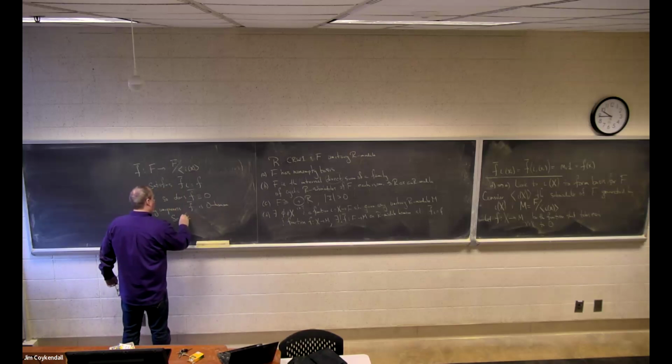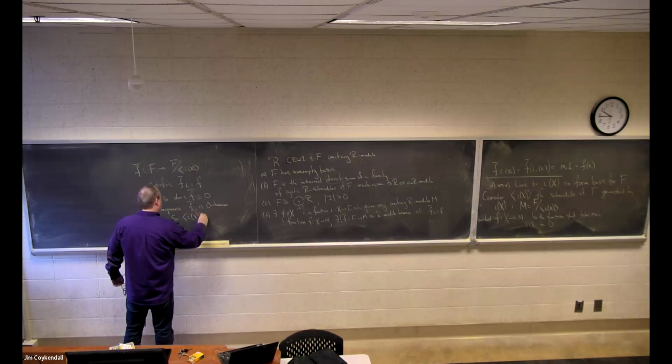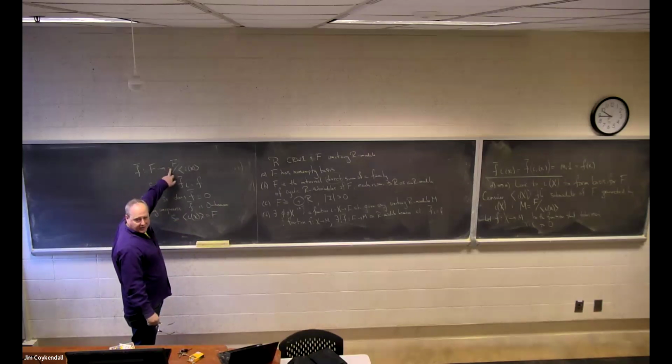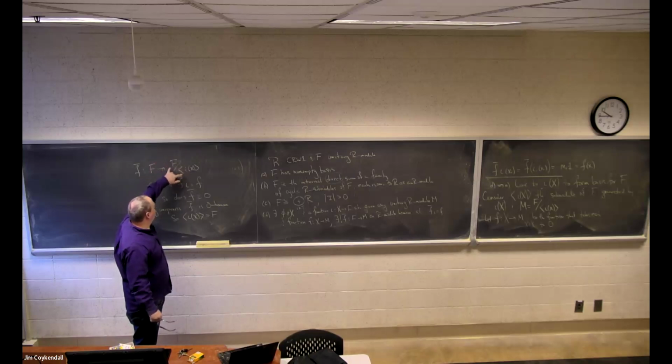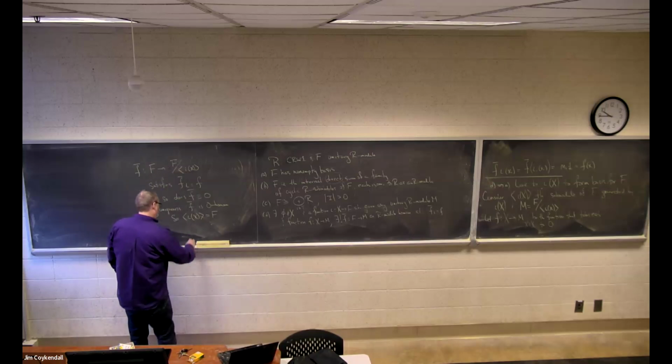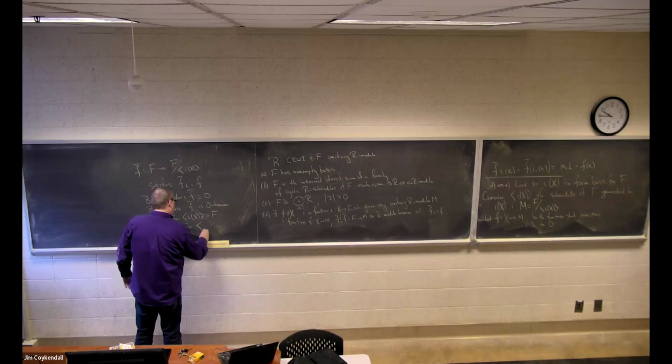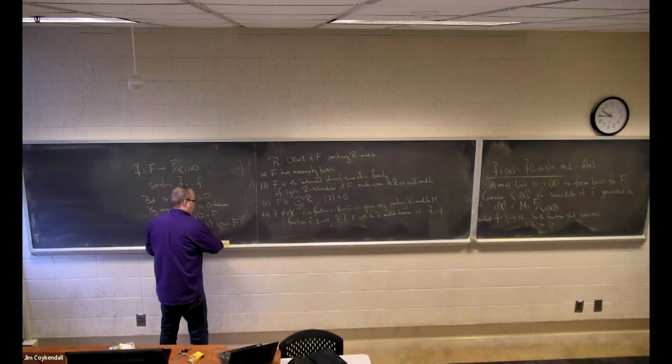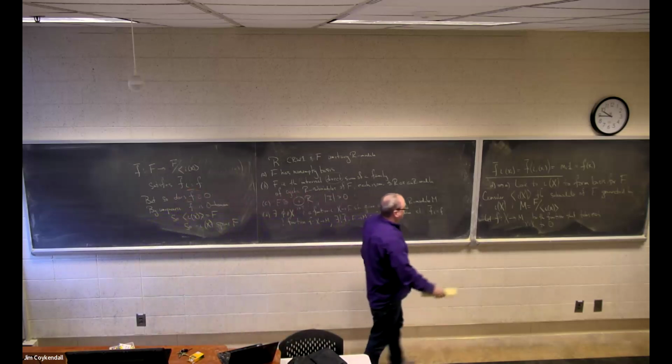So that must mean that this projection map is the zero homomorphism. But if a projection map is a zero homomorphism, that quotient has to be zero. So the image of X spans.